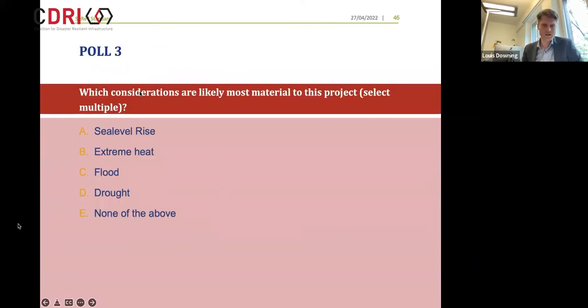Just want to put another poll up. Which considerations, in your opinion, do you think are likely to be the most material to this project based on that very brief snapshot? So we've got sea level rise, extreme heat, flood, drought, or none of those.